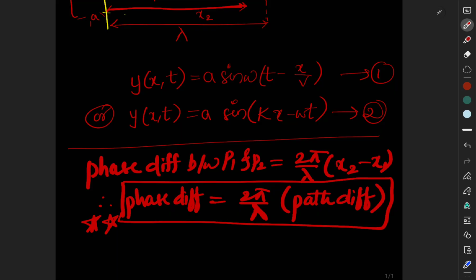You will note that there are some places where the disturbance is almost zero, and at some places the disturbance is greater than either of the waves. These effects can be understood in terms of the principle of superposition, where the two waves are traveling simultaneously, and the resultant displacement of each particle of the medium is the vector sum or algebraic sum of the displacements due to each wave separately.